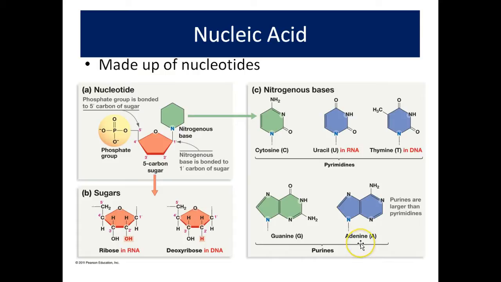In RNA, those nitrogenous bases are cytosine, uracil instead of thymine, guanine, and adenine. So this is the basic structure of any nucleotide, and there are many nucleotides that make up a nucleic acid.